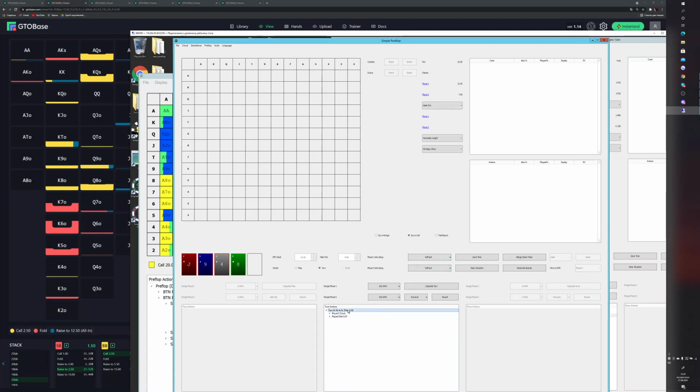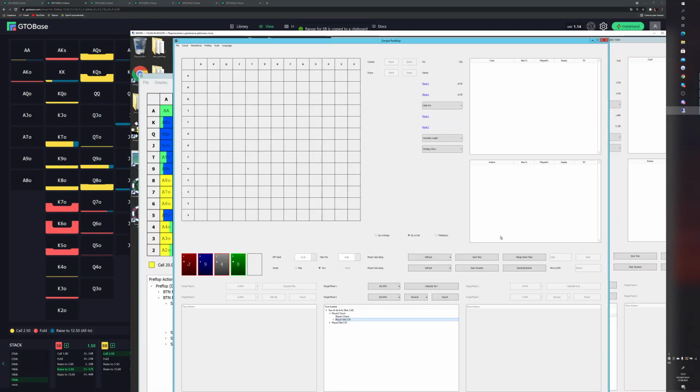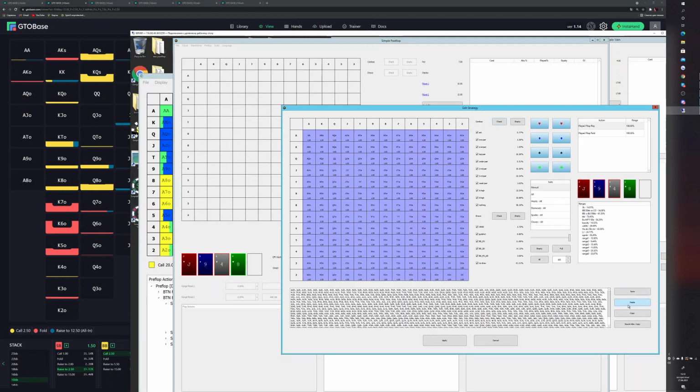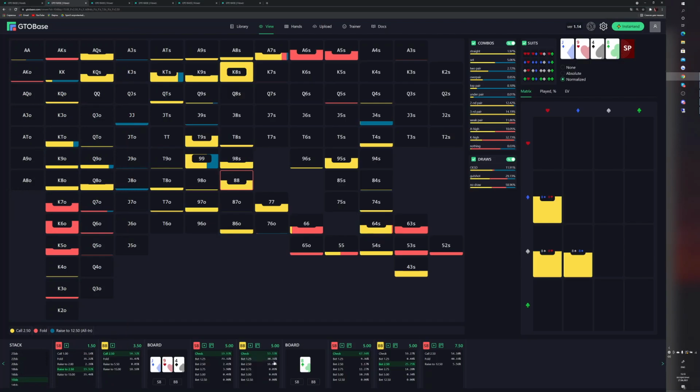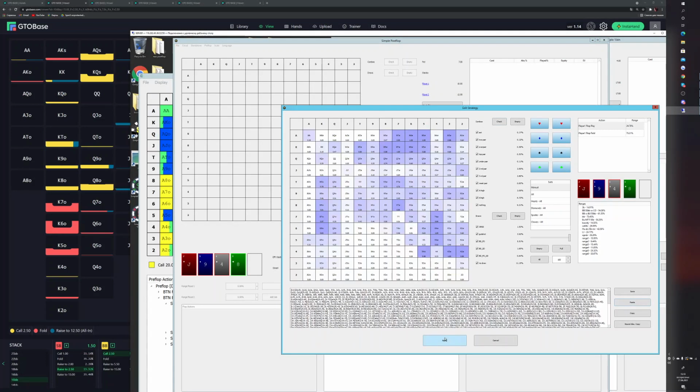Okay, here in this model I have tons of different sizings calculated, but I don't need them. I don't need all of them, that's for sure. And now we copy ranges for small blind first, guy out of position, and then the big blind guy in position.